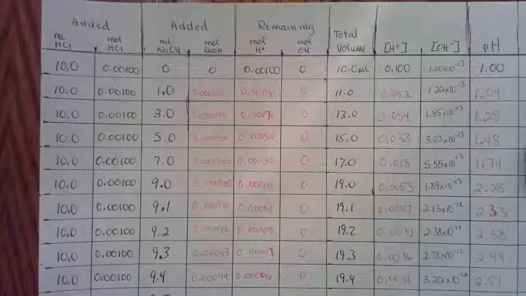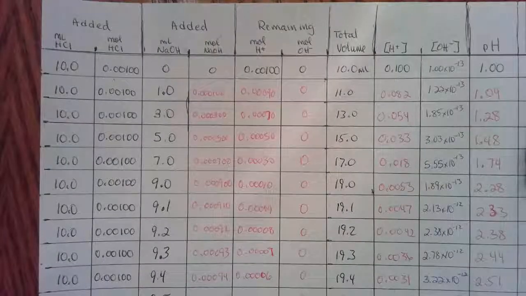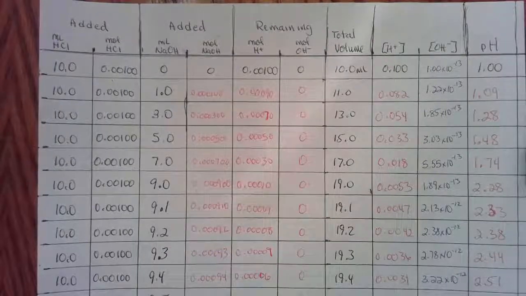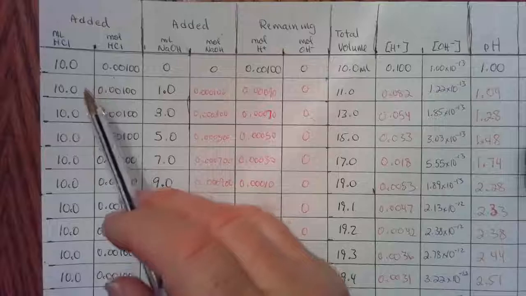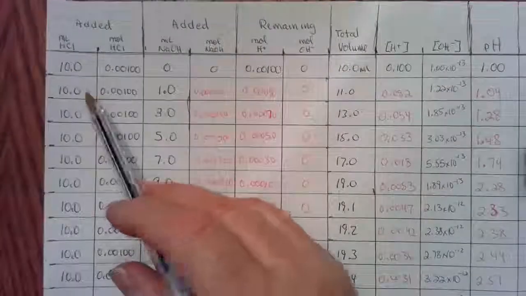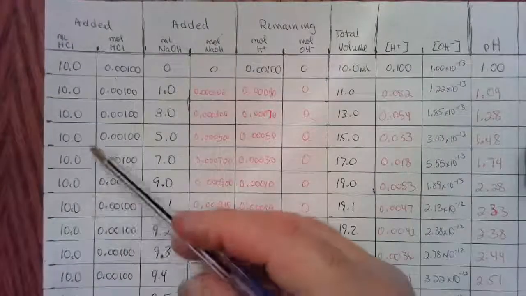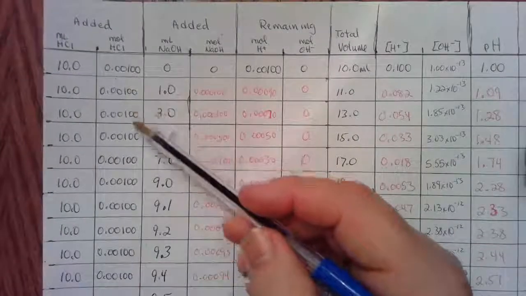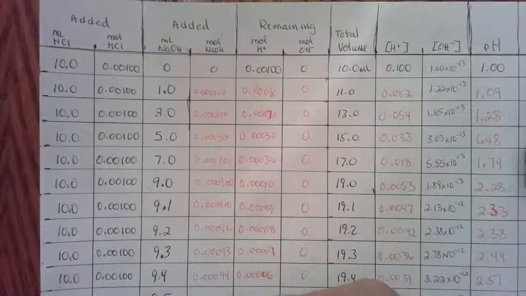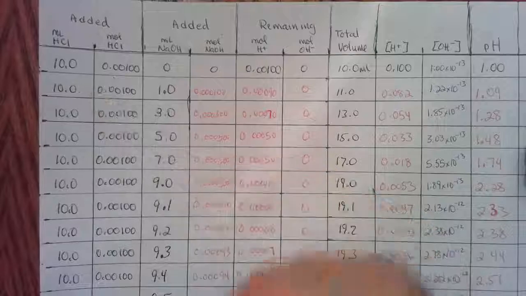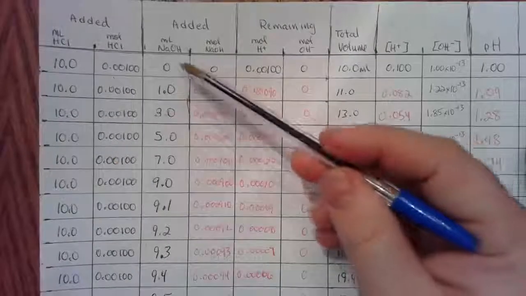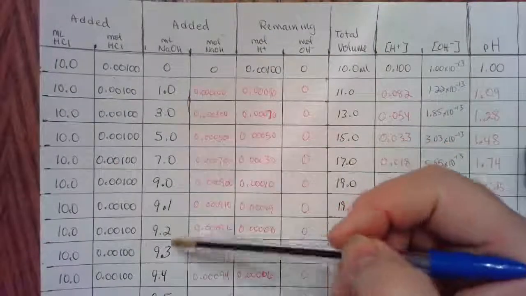Alright, so as we can see, since the entire 10 milliliters was added all at once, this whole column on my chart is 10 and my moles is 0.001. Because we're not adding any more, we're not taking any away, it's always there. Okay, we're adding a different amount of sodium hydroxide.